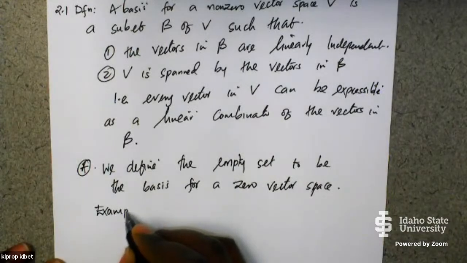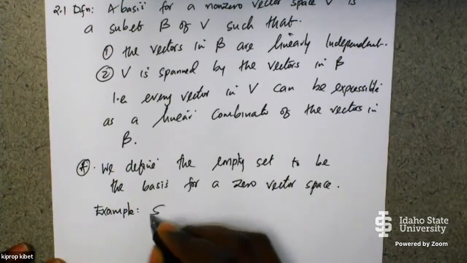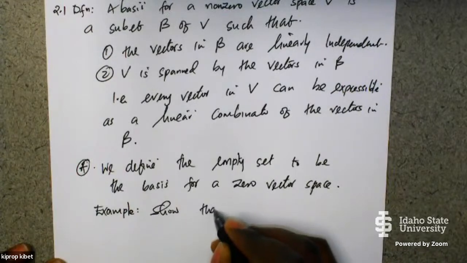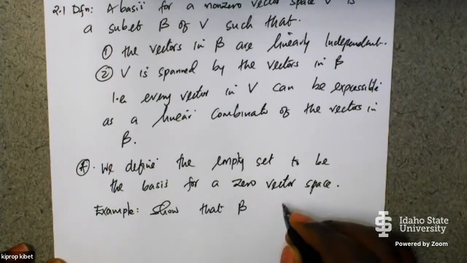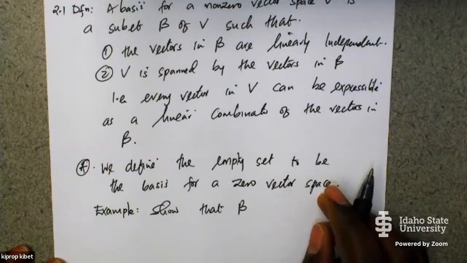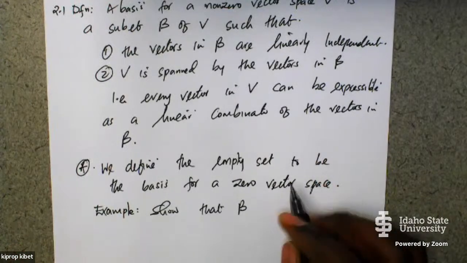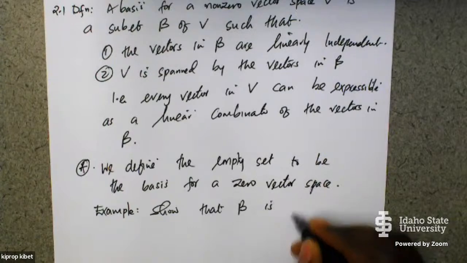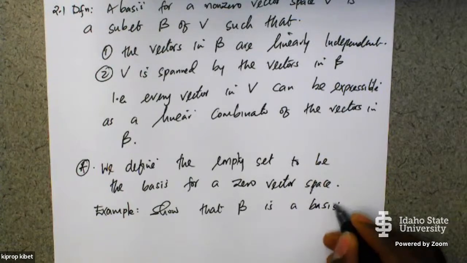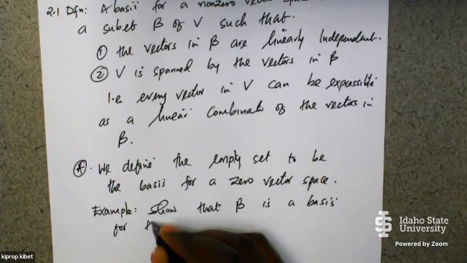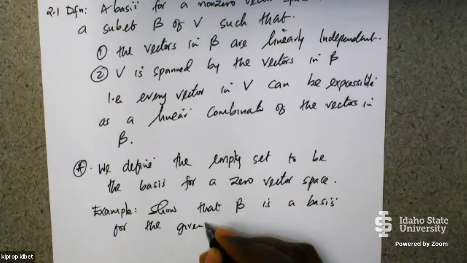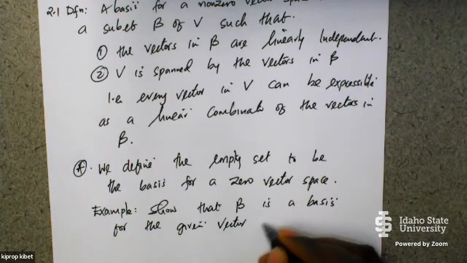Example number 2 in this section. Show that B is a basis for the given vector space.